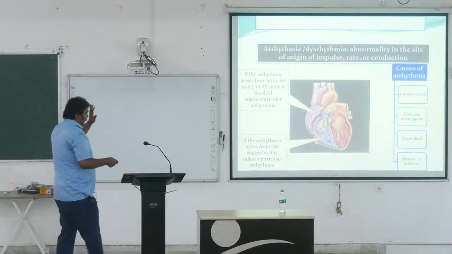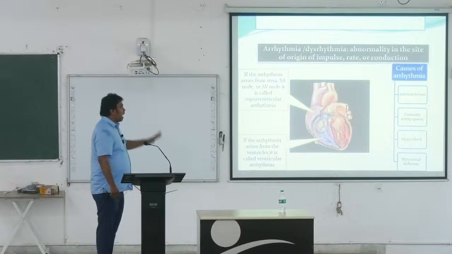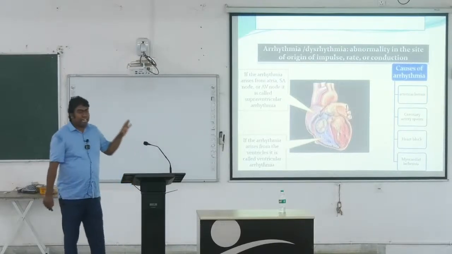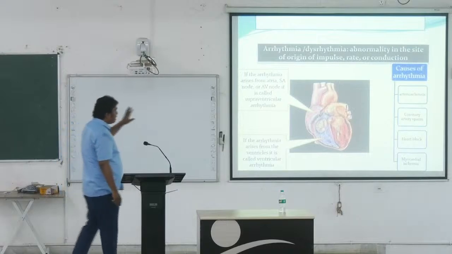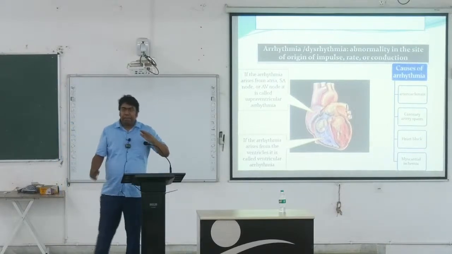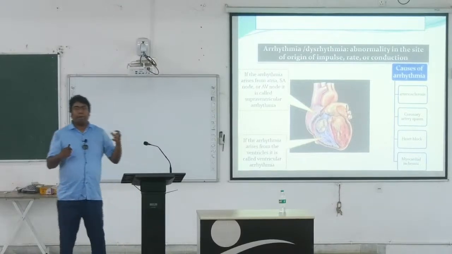So atherosclerosis, coronary artery spasm, heart block, and myocardial ischemia or infarction are the main causes. Now tachyarrhythmia can be divided depending upon where the impulse is generated.